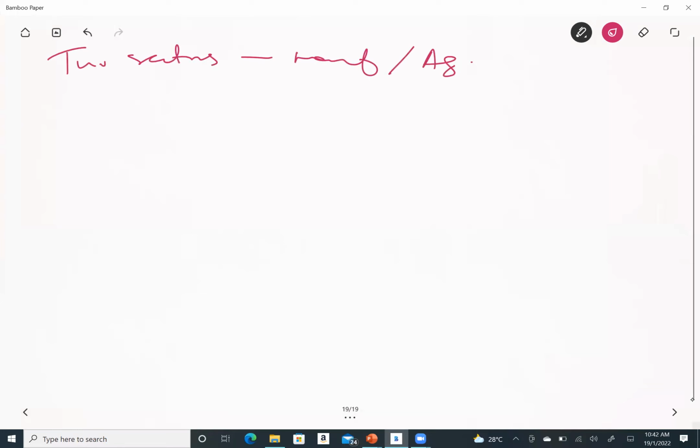Let's say X is manufacturing, Y is agriculture. So suppose we are given X equal to 0.3X plus 0.1Y plus 60.